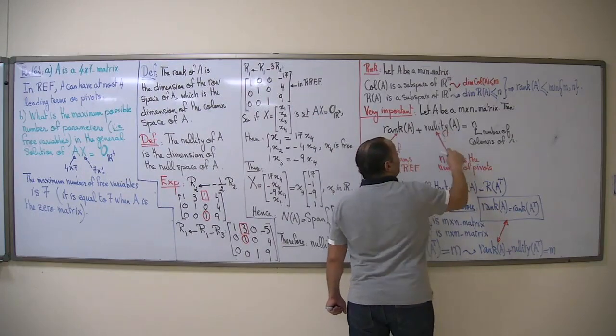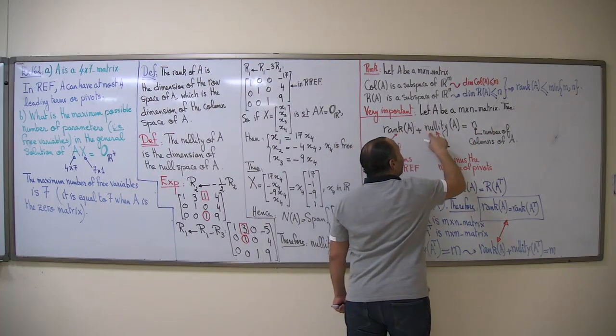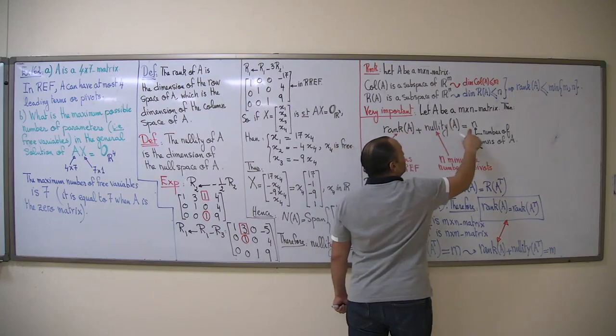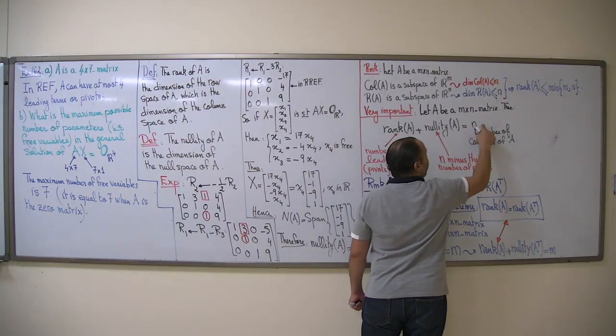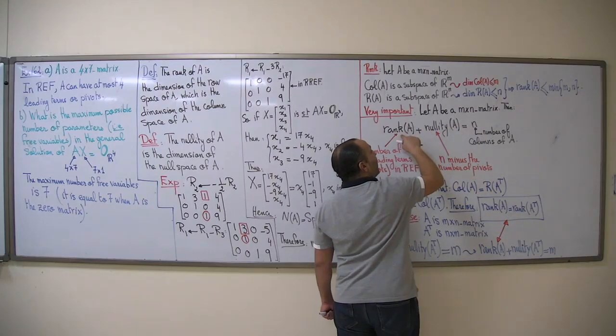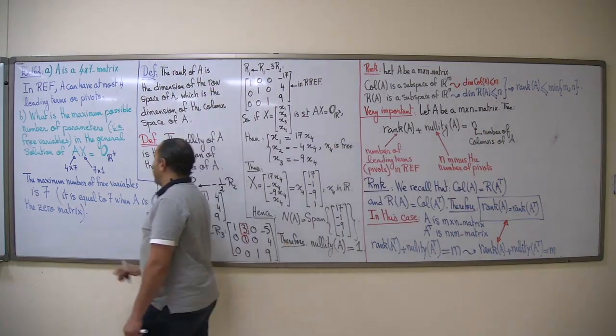If you would like to maximize the nullity, you need to minimize the rank. So I have n minus the rank, and n is equal to 7. To maximize the nullity, I need to make the rank equal 0, and then you'll see that the maximum number here will be 7. So just a remark here.